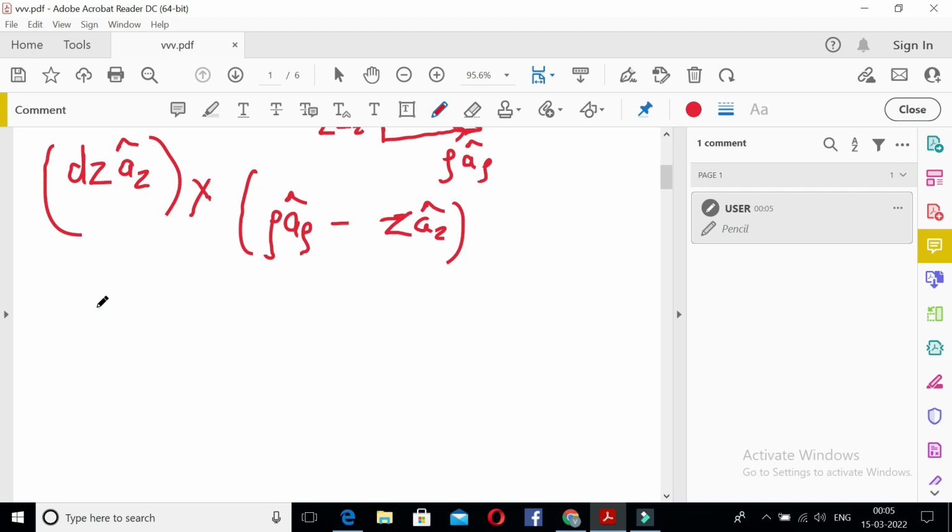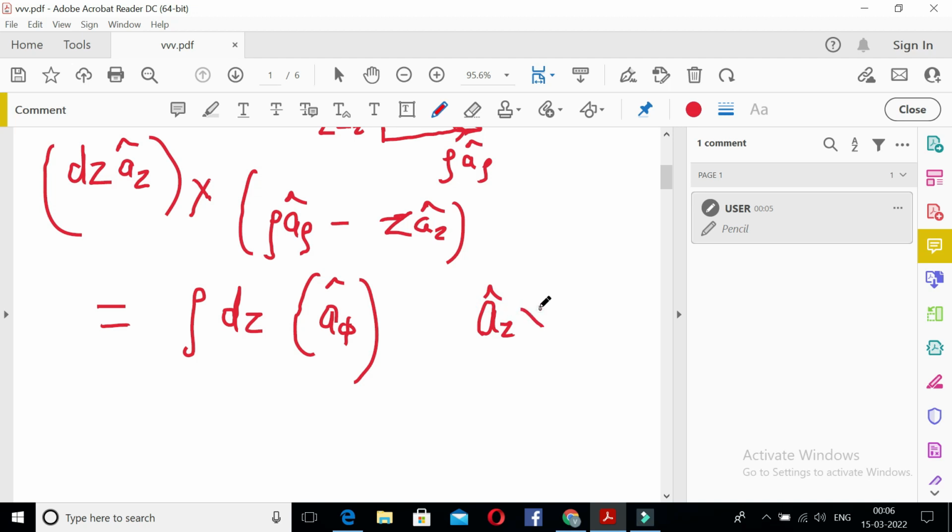Now it becomes rho into dz into a phi cap, because az cross a rho is equal to a phi cap.